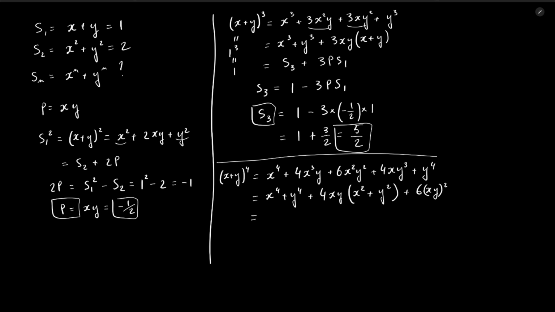This is equal to S4, what we are trying to find, plus 4 multiplied by p S2 plus 6 multiplied by p squared. So it's easy to see that S4 is equal to (x plus y) to the power 4, so this again is equal to 1, so we have S4 is equal to 1 minus 4pS2 minus 6p squared.